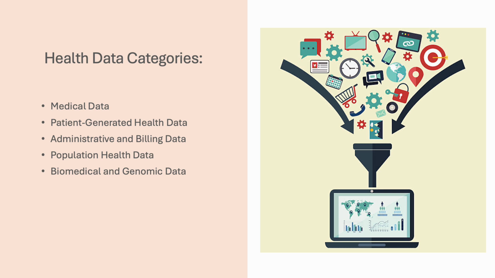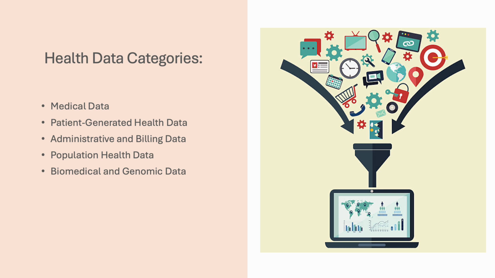The third one is administrative and billing data, information related to healthcare service usage, billing, and insurance claims. Fourth is population health data, which is about community or demographic group health outcomes and conditions to support public health surveillance and policy making.